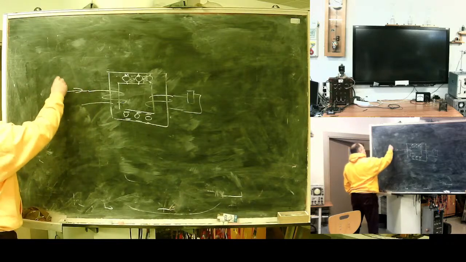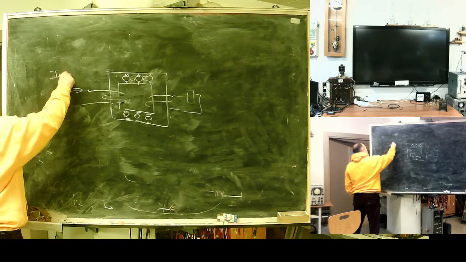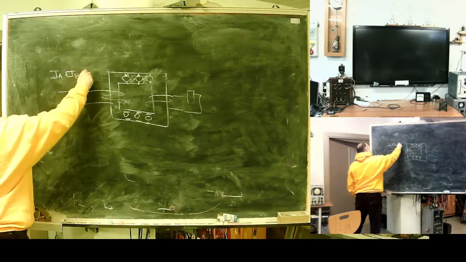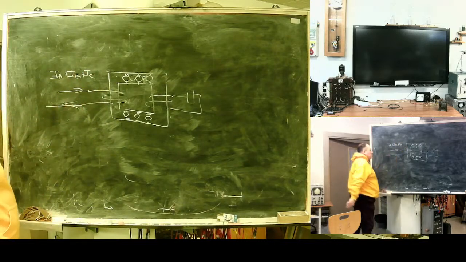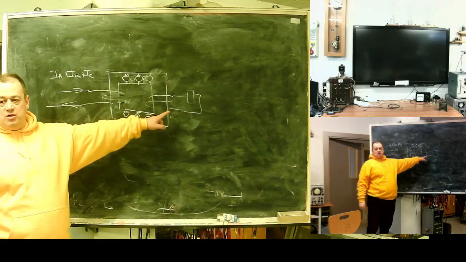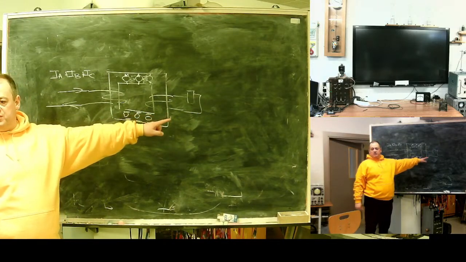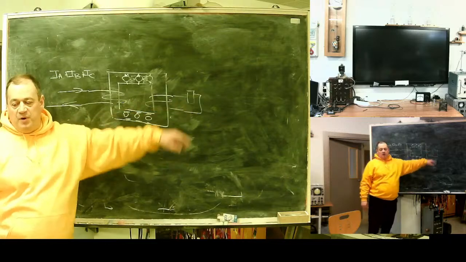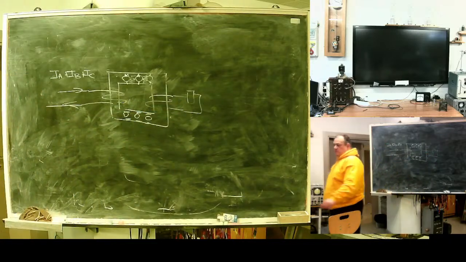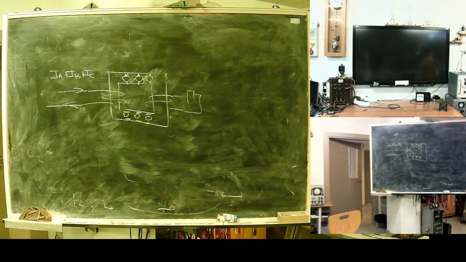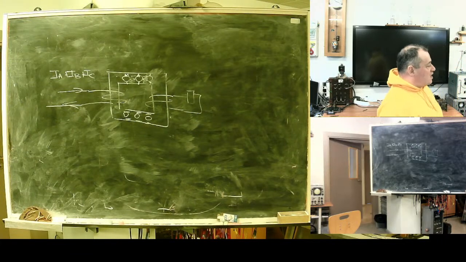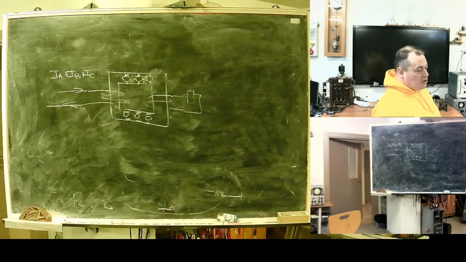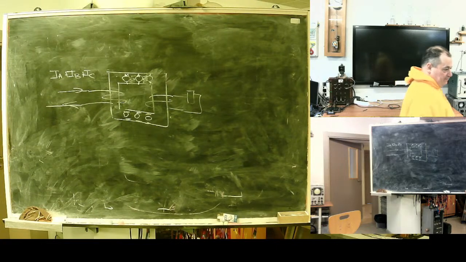Here goes A plus B plus C. This ensures that in case of small currents the relay operates, but in case of double earth fault, we will speak about it, this will limit current through the relay. It's a special current limiting transformer.